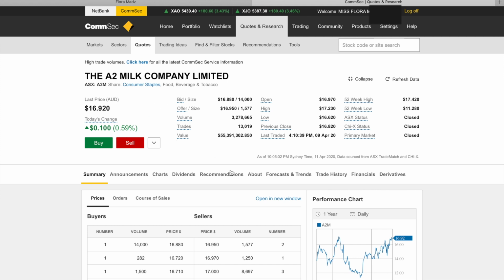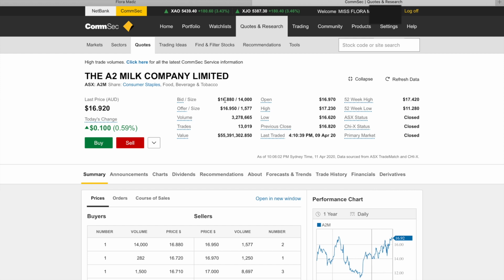0.59%. The bid price is the highest price that buyers are willing to buy the stock for. I think it should say here, highest price investors are willing to buy the security for. And the offer is the lowest price sellers are willing to sell for.